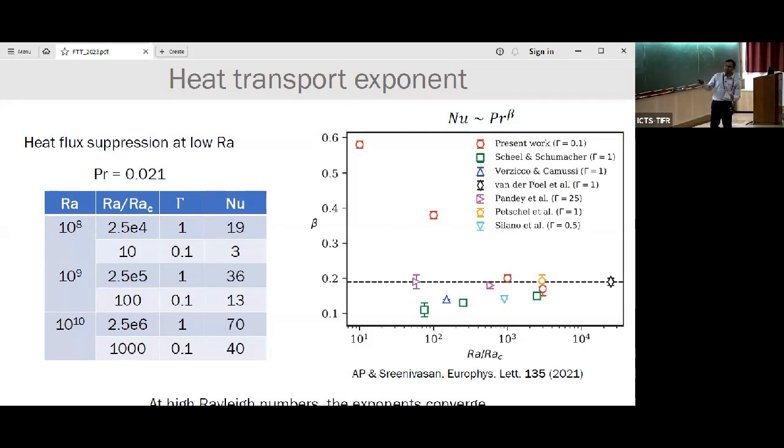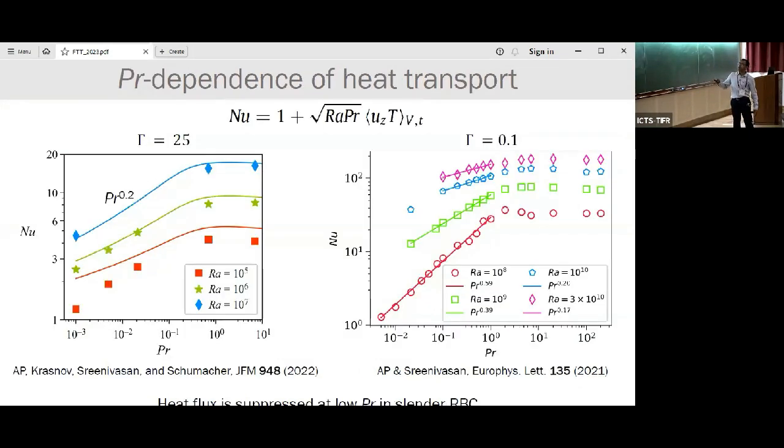So we might expect that the heat transport in the slender cell will attain the value of that in extended or wider cells when Rayleigh number is high enough. And here is the exponent of this heat transport, Nusselt number as Prandtl to the beta, where beta is the slope of this.